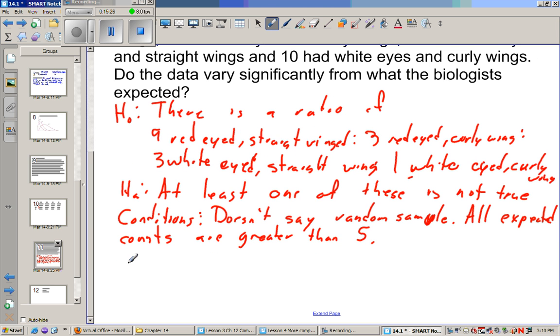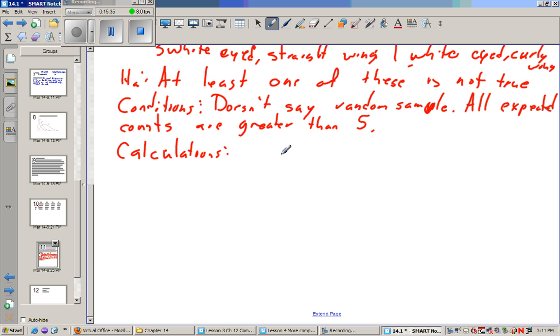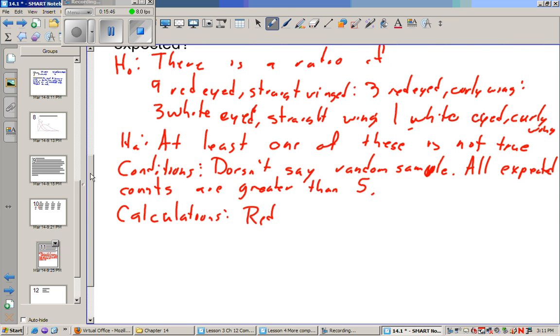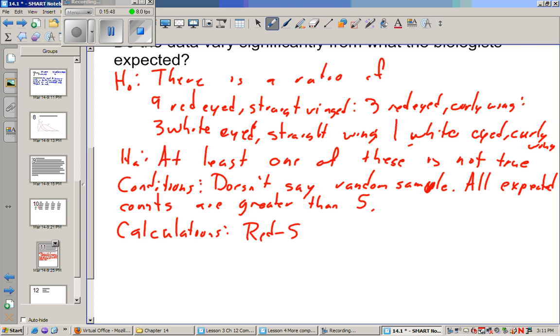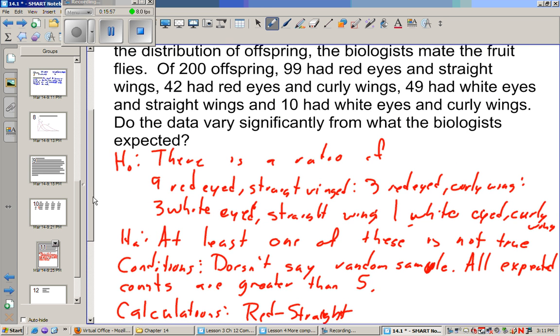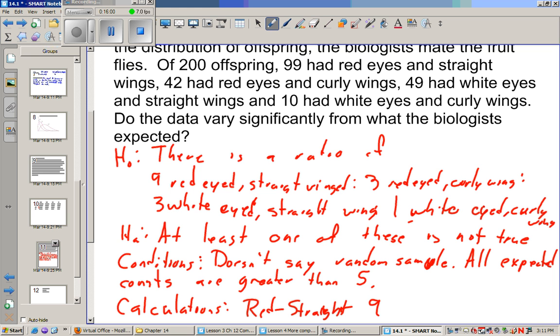All right, so now let's look at the calculations. Let's shorten this: red straight, red curly, and so on. For red straight, the observed is 99, with a little O and a little E here.